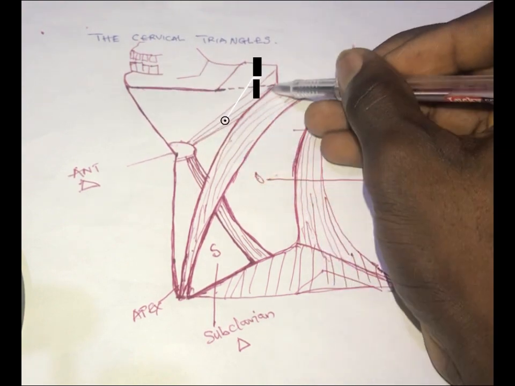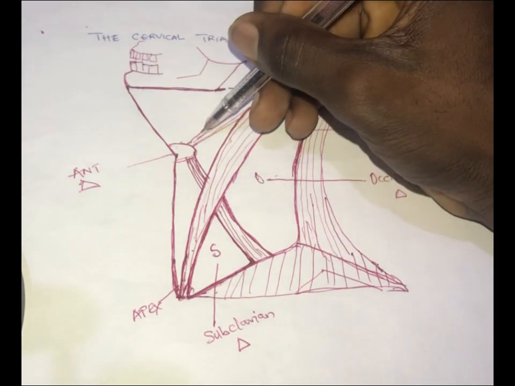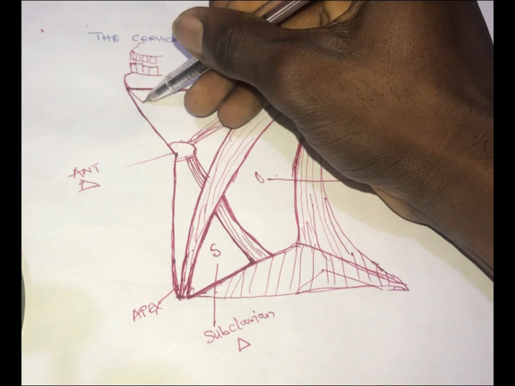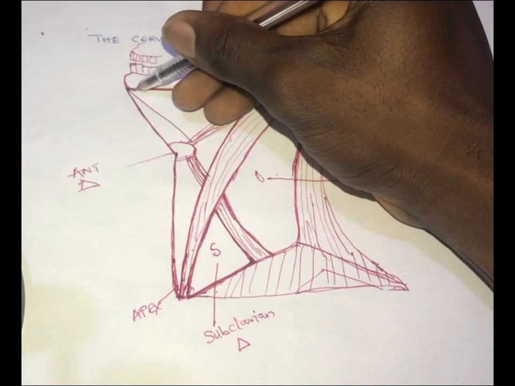Yeah, we have the digastric muscle, which runs posteriorly, and then we have its branch that runs anteriorly, which is known as the anterior digastric muscle.